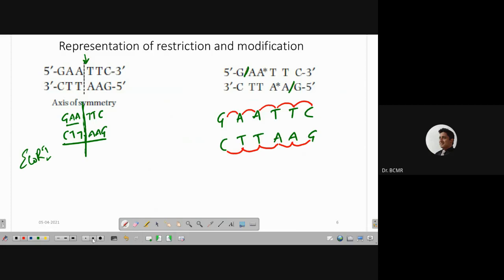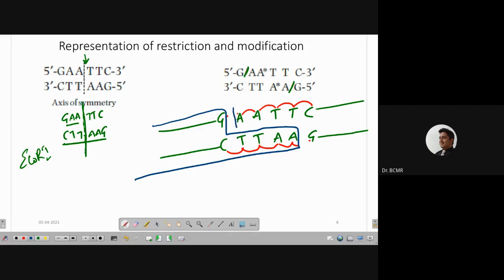So when EcoRI or restriction endonucleases break it, they break this part and here. That is where these slashes are indicated. So now you will have a scenario where this part is one DNA molecule and this one is another DNA molecule. If I cut it and show you separately, that is one DNA molecule, and the other DNA molecule would be something like this.